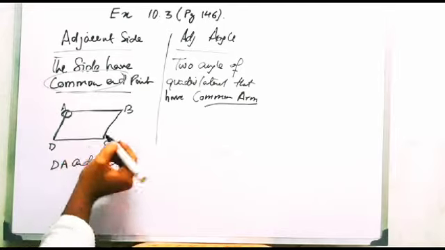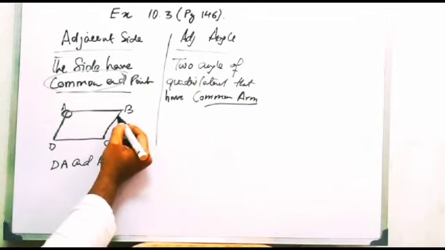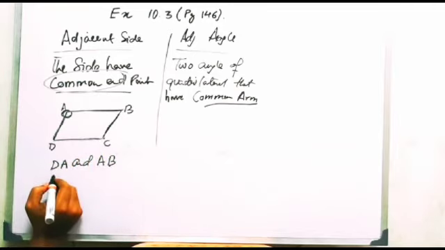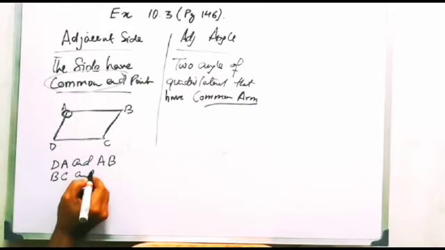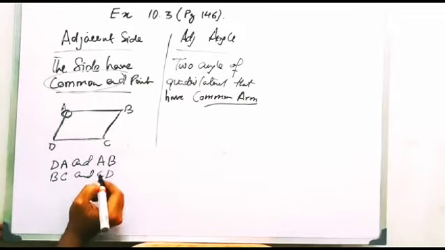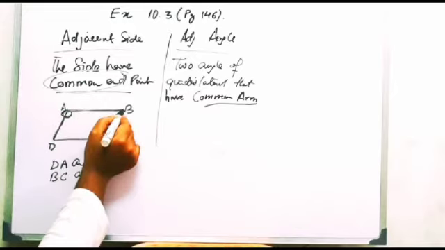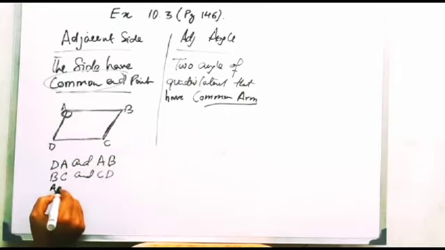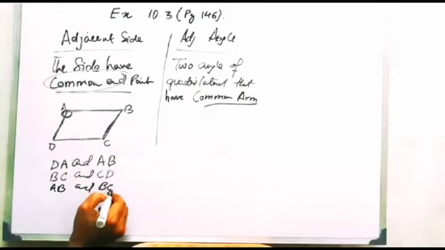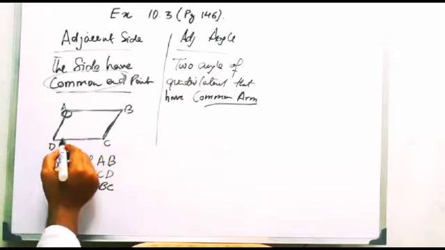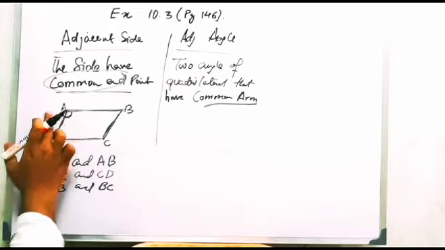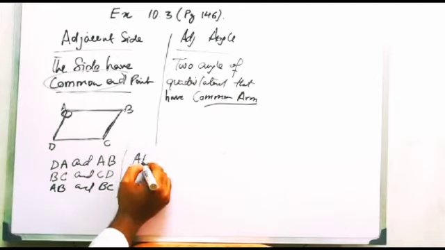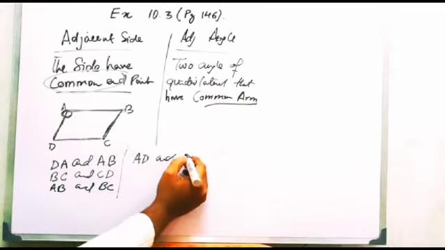So in this figure, one more adjacent sides are BC and CD. Or again we can see this one also, ABC, means AB and BC. So one more figure are there, that is AD and DC.